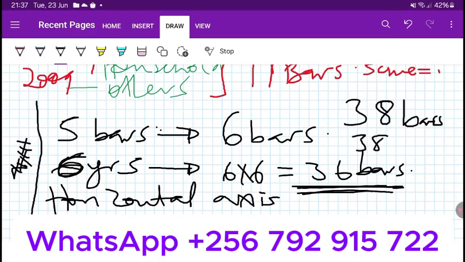Meaning we need 38 centimeters. The question is, on the horizontal axis, do you have 38 centimeters? So that's the question you should ask yourself if you check on the graph book.